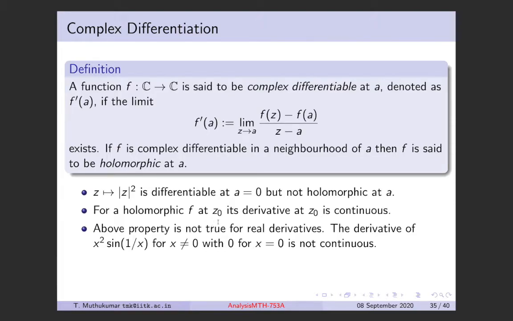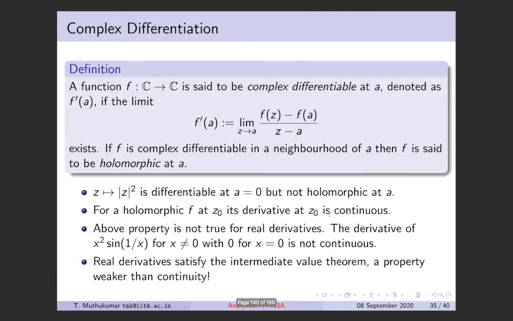The closest you can get to this property is the intermediate value theorem, which is weaker than continuity. So in the real case, the derivative need not be continuous, but it will always satisfy the intermediate value theorem. In a sense, holomorphic functions give you something more: the derivative is continuous.